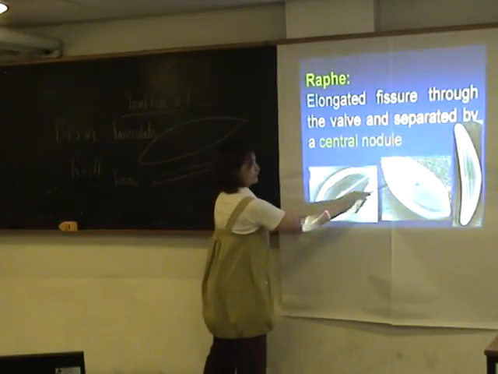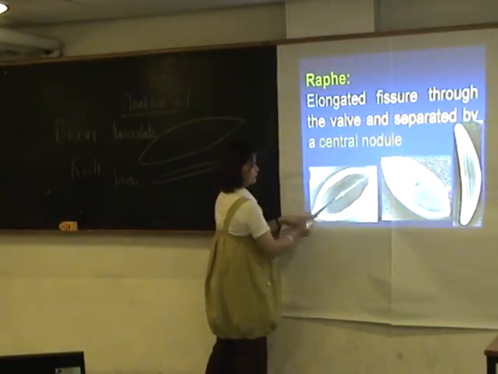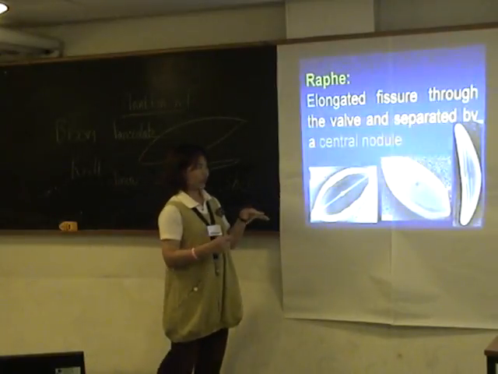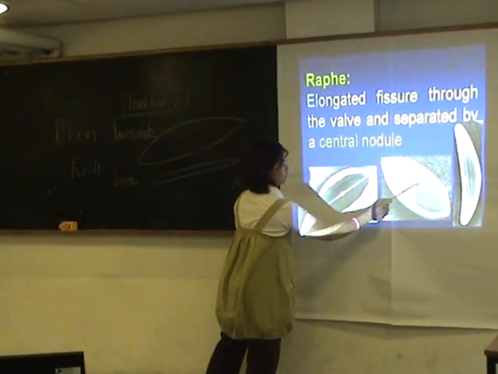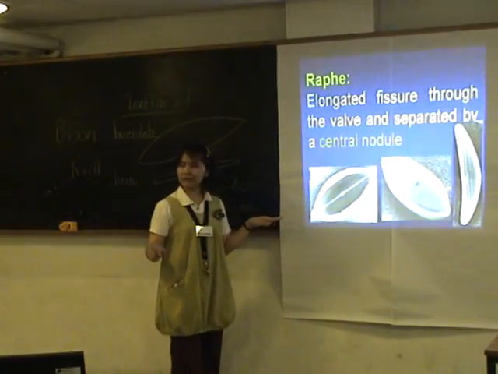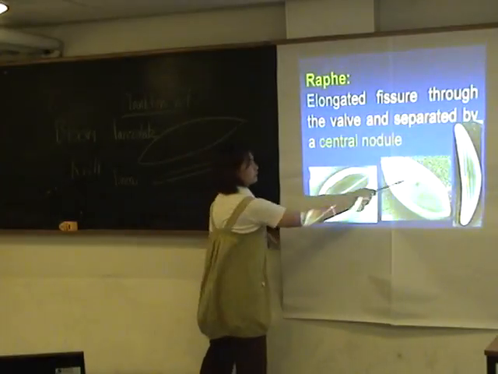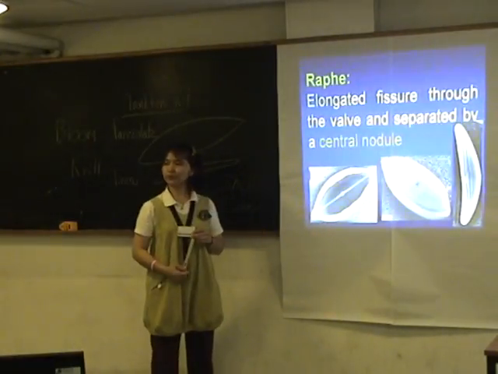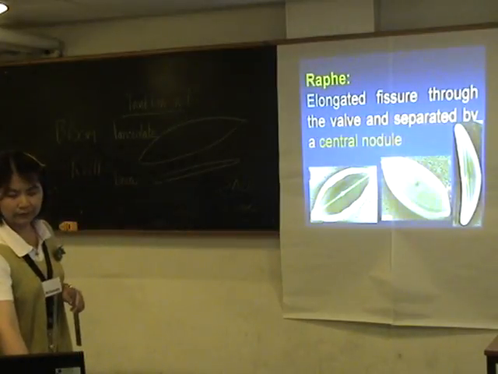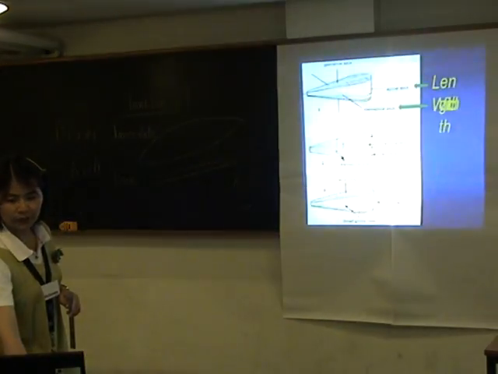It's the same, yeah. This is the outside and the inside. And the raphe cannot join together. Yeah, there is something here to separate the raphe. We call this one the central nodule. Central nodule, yeah, it's important too.